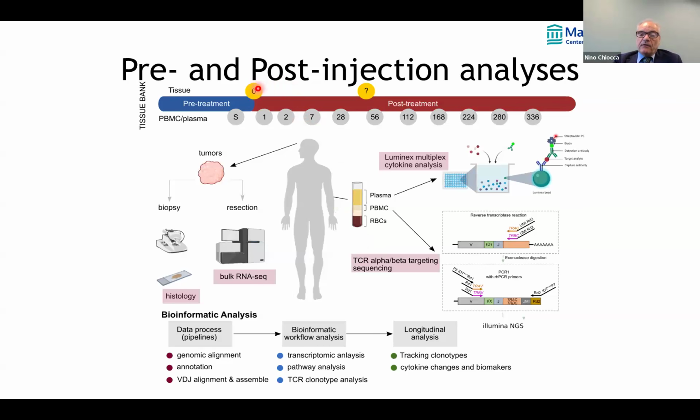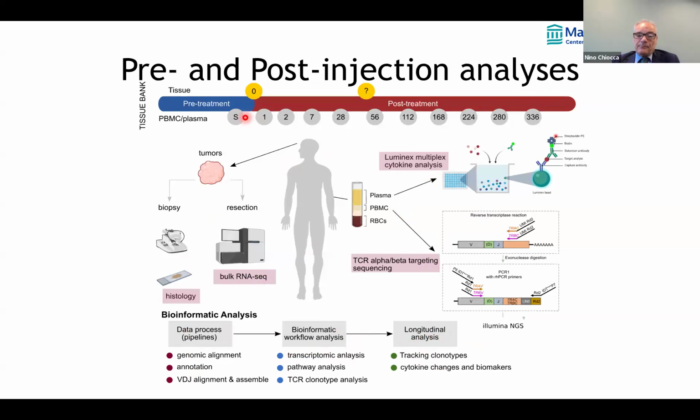This is the tumor right before injection at time 0, and then sometime after injection, as short as 1 month after, all the way to 3.5 years out, we were able to collect these tumors. And now we have pre and post-injection tumors where we could do all sorts of interesting informatics. We could do just regular histology, but we could also do bulk RNA sequencing, cytokine analyses, sequencing for the T-cell receptor, and a number of different genomic analyses.